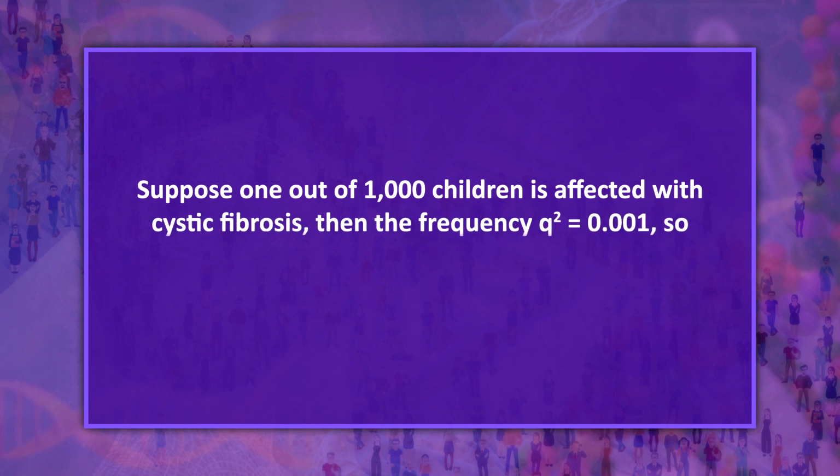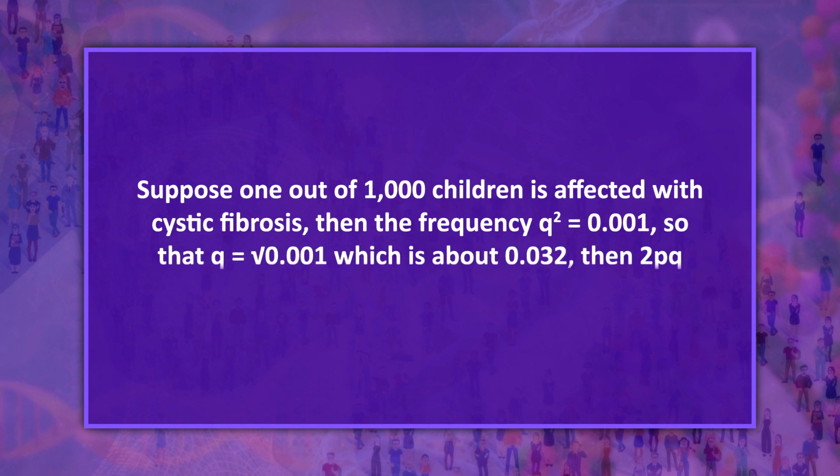Then the frequency q squared is equal to 0.001, so that q is equal to the root of 0.001, which is about 0.032. Then 2pq is equal to 2 multiplied by 0.032 multiplied by 0.968, which is equal to 0.062.